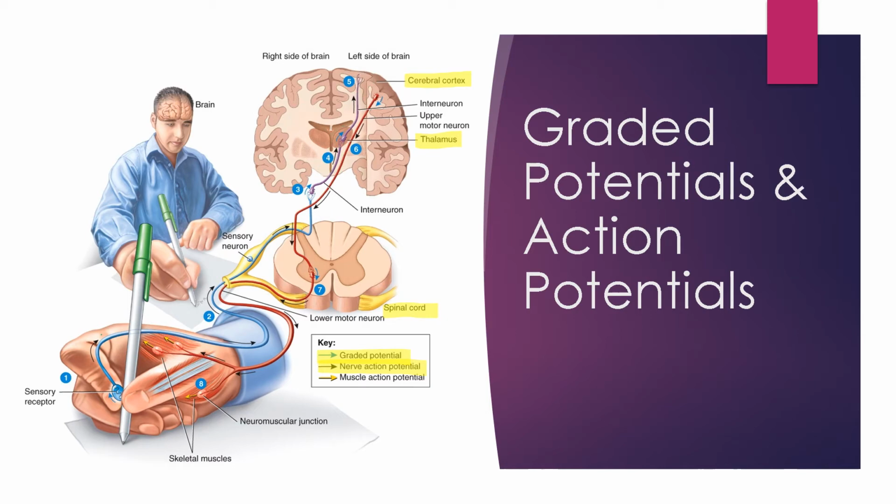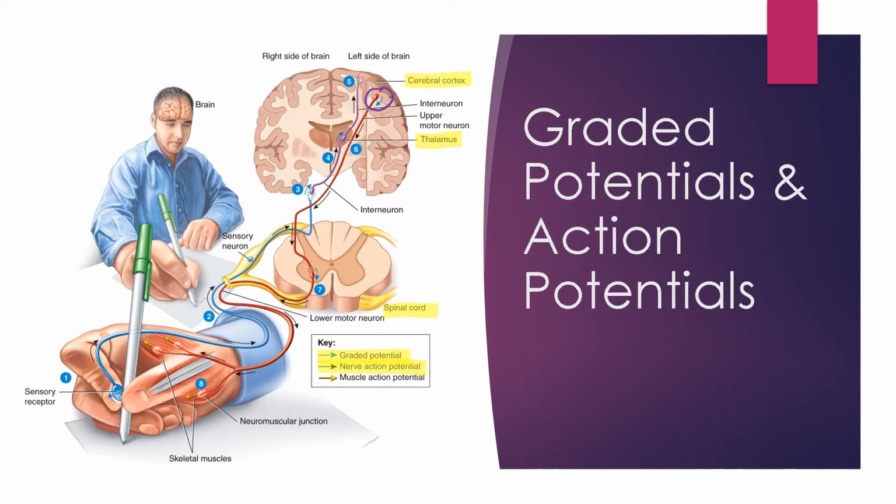Now, if you want to write with that pen, then we go the opposite way with a motor neuron. So in that case, a stimulus in the brain is going to cause a graded potential to form in the dendrites and cell body of an upper motor neuron right here.